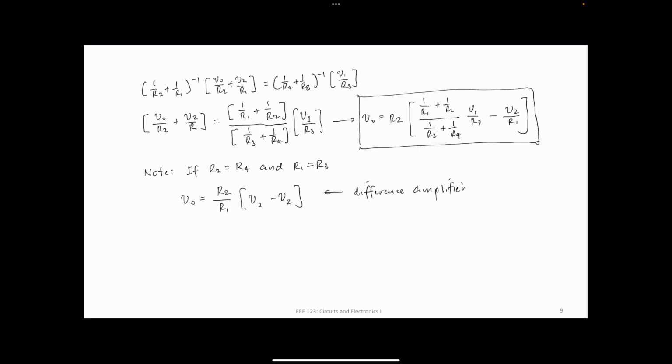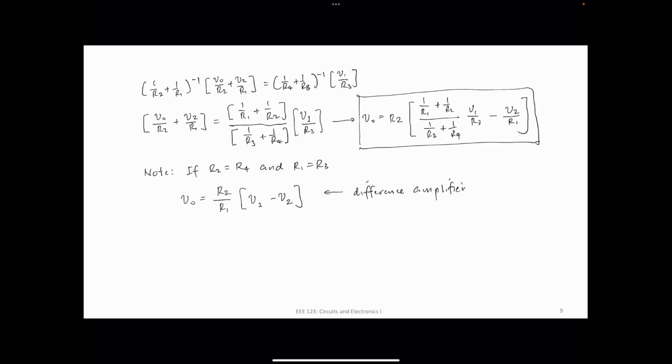But just to give you one example, sometimes the voltages in your circuit have what we call common mode noise. In other words, there's a lot of noise or interference in V1, and there's a lot of noise also in V2.